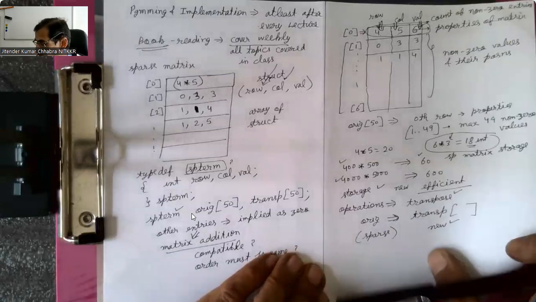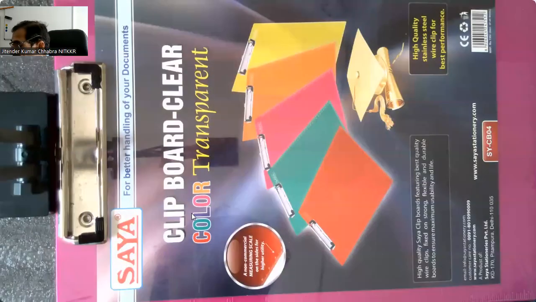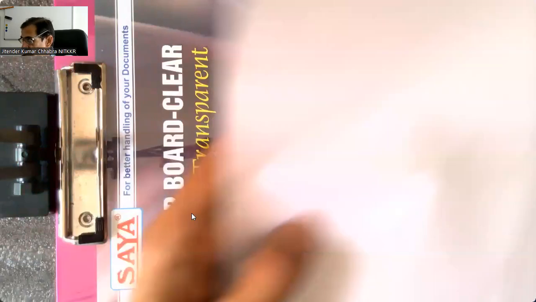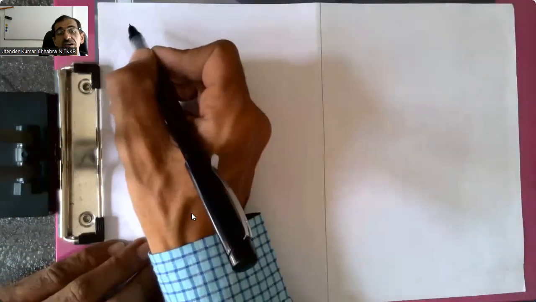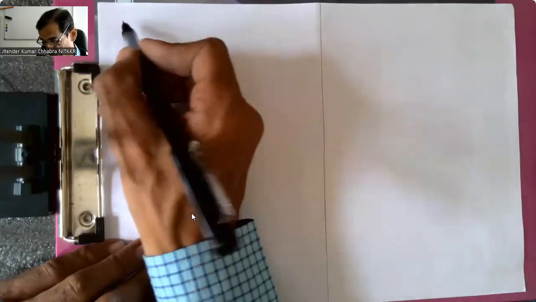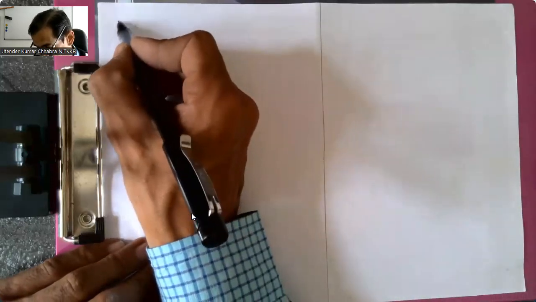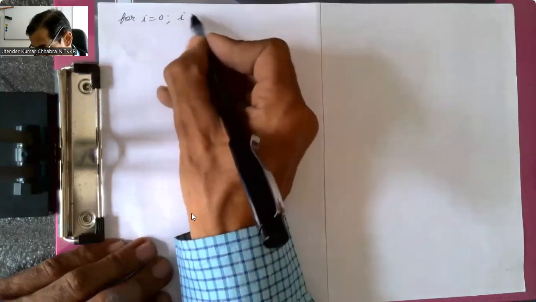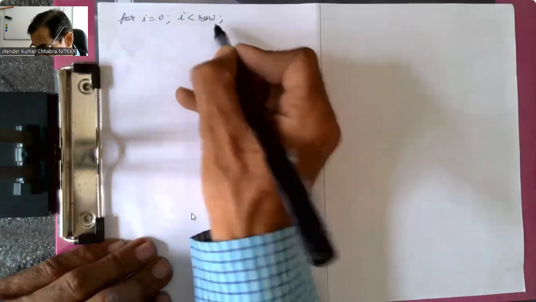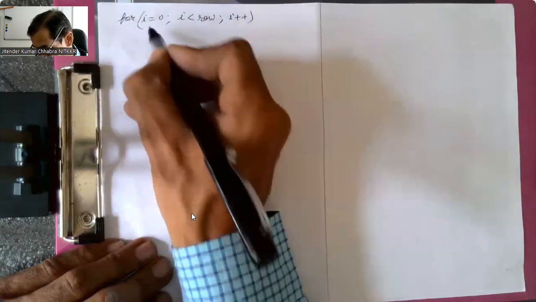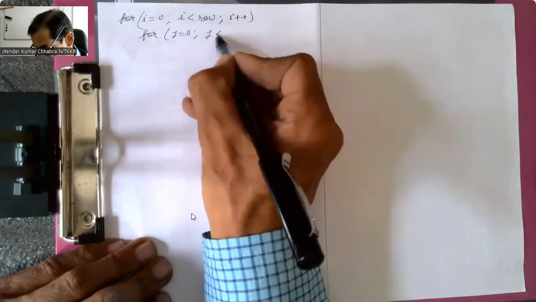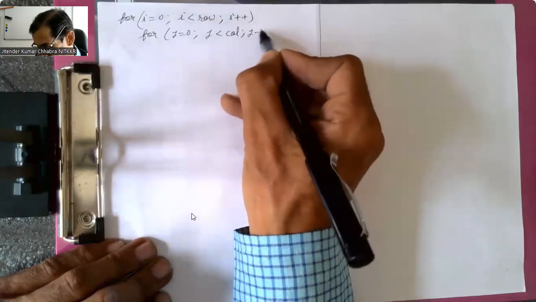If we had a normal matrix, meaning we didn't store it with a new representation but with a traditional representation, the standard logic for the transpose you are well aware of. I'm sure all of you have done programming for the original matrix. You have done for i equal to 0, i less than row, i plus plus. Similarly, within that, you have written for j equal to 0, j less than column, j plus plus.